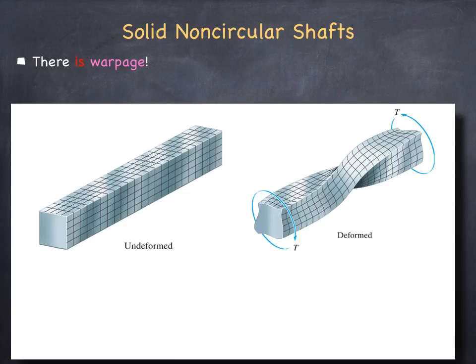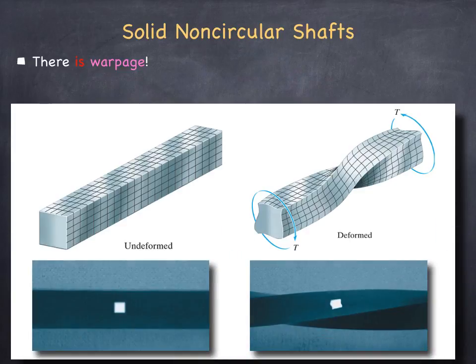Again, you have the perfectly perpendicular grid lines, and if you apply torque to this shaft, the vertical lines will become wavy, they get warped, and the horizontal lines also rotate and do other things. But this is a more complicated problem than the Coulomb problem, and it will require a more sophisticated solution approach in general. Here are photographs from a physical test.